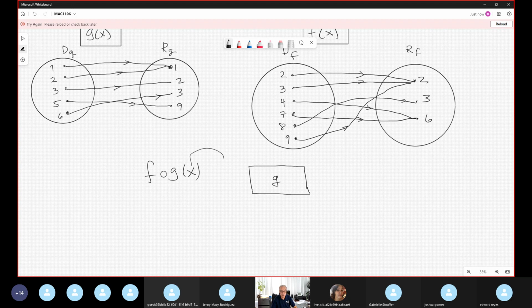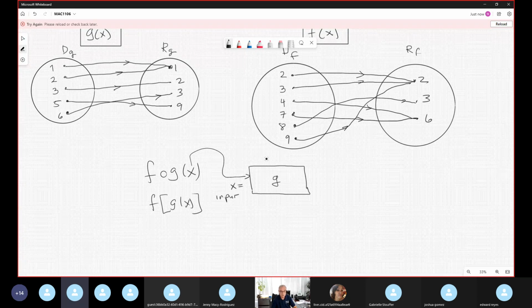So this value x plugs in here as my input. Evaluate first in g, and after, remember the other notation is f of g of x. You plug in any value here, and the output of this block goes inside the second function f.